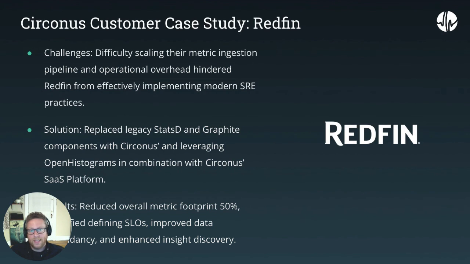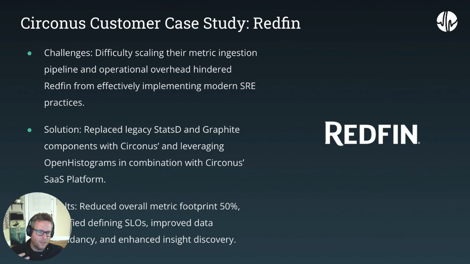Their applications emit StatsD telemetry via UDP, which was then shipped to a StatsD aggregator, and then from there, the resulting aggregations were stored in Whisper. At a certain point, Redfin reached a place where they were emitting enough StatsD telemetry that it was becoming difficult to manage. And simultaneously, the team began considering and then adopting modern SRE practices.